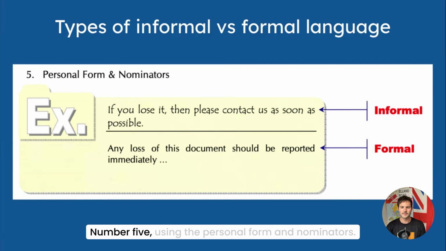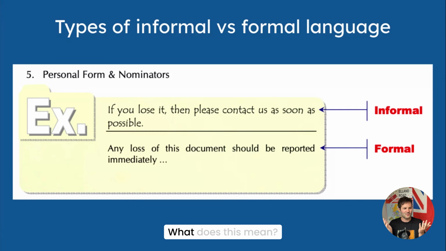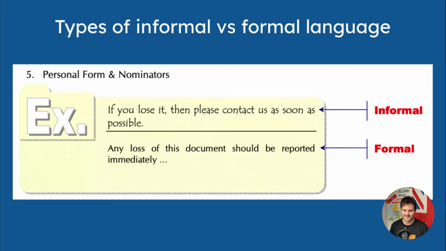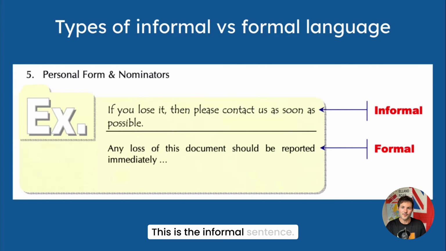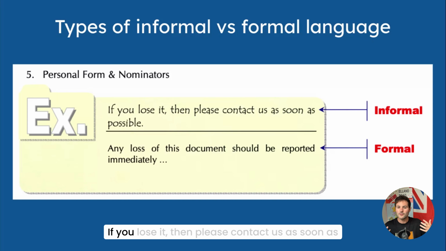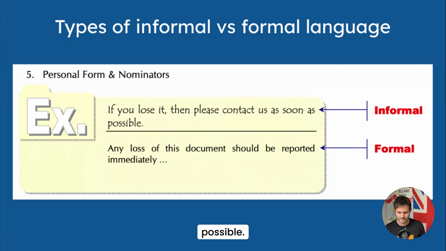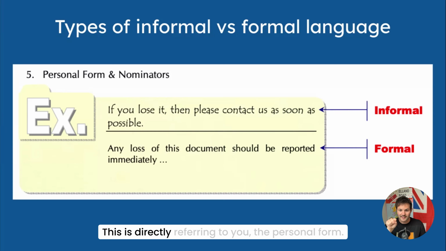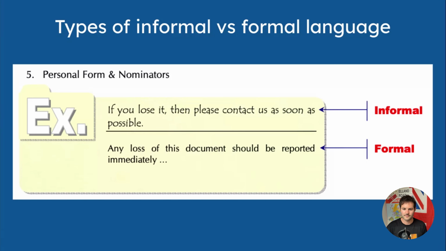Number 5, using the personal form and nominators. What does this mean? It sounds like gibberish almost. Let me give you an example. This is the informal sentence: "If you lose it, then please contact us as soon as possible." So "if you lose it" is directly referring to you, the personal form.